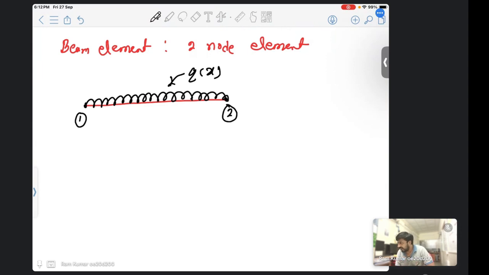Each node has two degrees of freedom: only vertical displacement and rotation. So this will be V2, theta 2, and here V1, theta 1. So each node has two degrees of freedom.